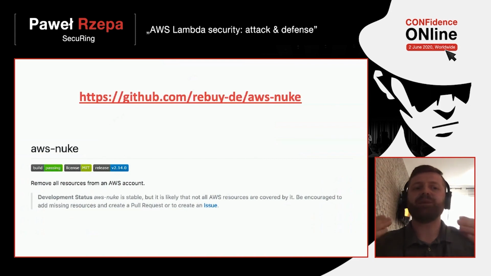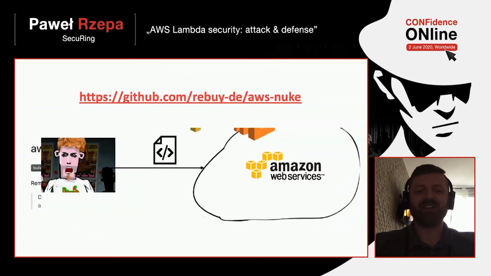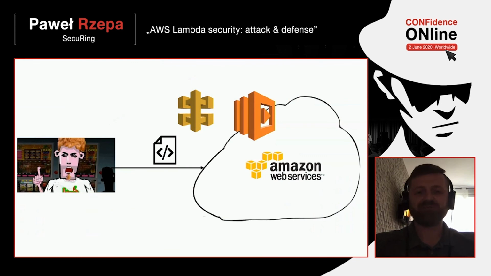In AWS Nuke, you can whitelist which resources shouldn't be removed, and all the other resources are removed by AWS Nuke. So now I'm using this tool quite often, always after work with AWS, and I totally recommend you the same approach. So let's sum up what we went through.